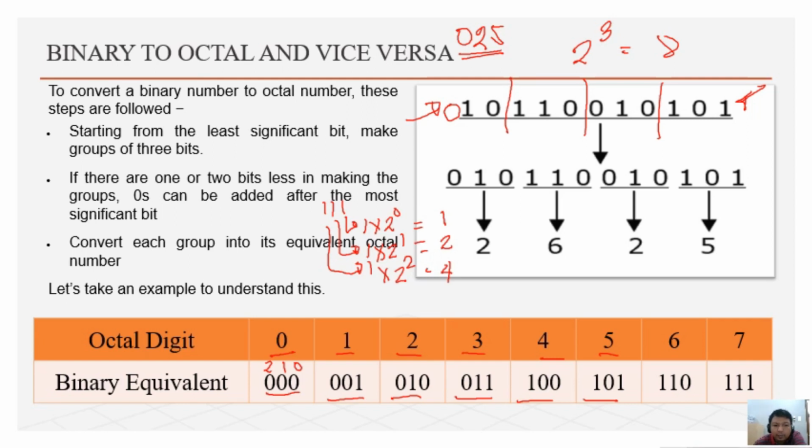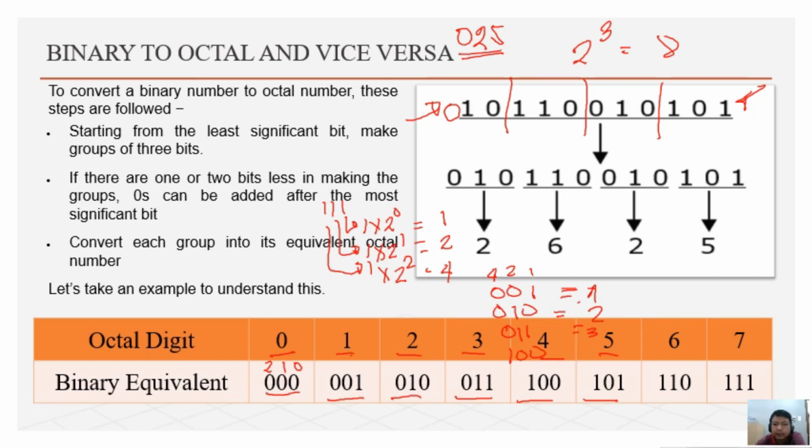So if it is 1, it should be 0, 0, 1. So with 1, 2, 4 as our positional values, you add them up. If only 1, that gives us only 1. 0, 1, 0, you add it, it becomes 2. 0, 1, 1, that is 2 plus 1, becomes 3. That is 1, 0, 0, 4 plus 0 plus 0, that is 4. So, I guess you get the point.